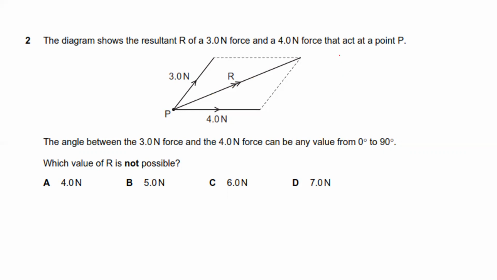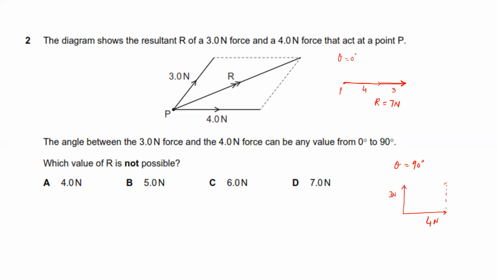So let's see when theta equals 0. This is the point P. 4 Newton is acting over here, and similarly 3 Newton is acting. So 4 plus 3, the overall resultant will be R equals 7 Newton. Similarly, when theta equals 90 degrees, 4 Newton is acting in this direction, 3 Newton is acting in this direction.